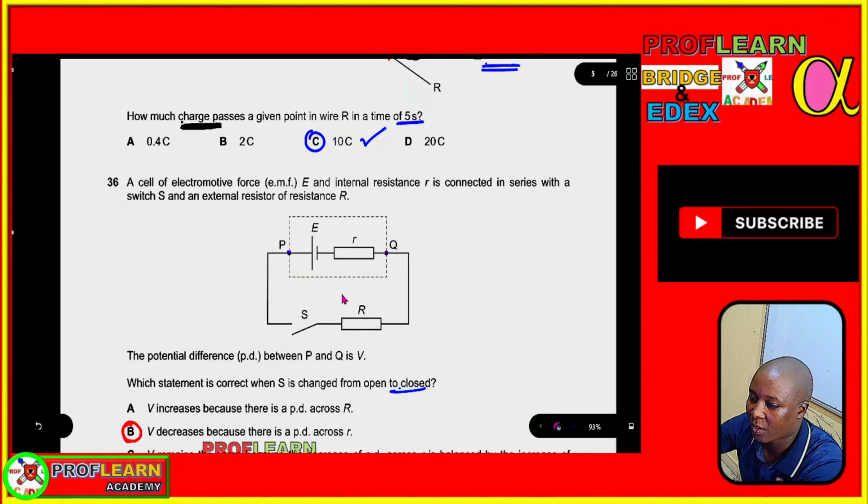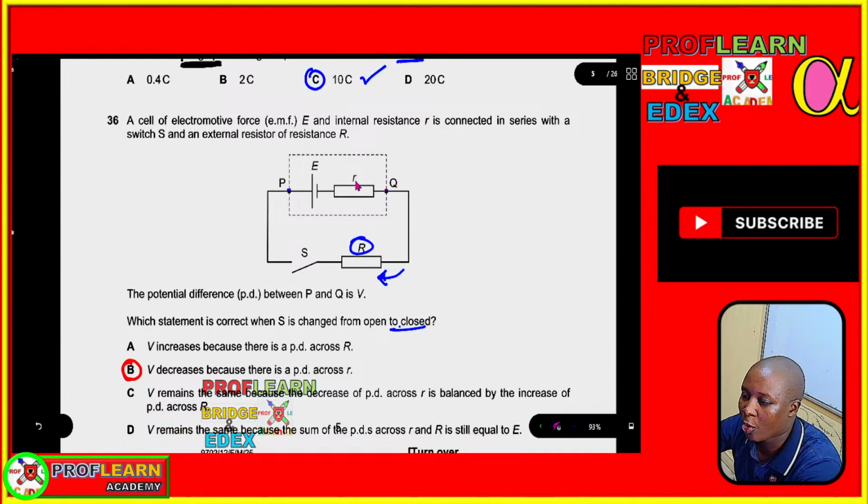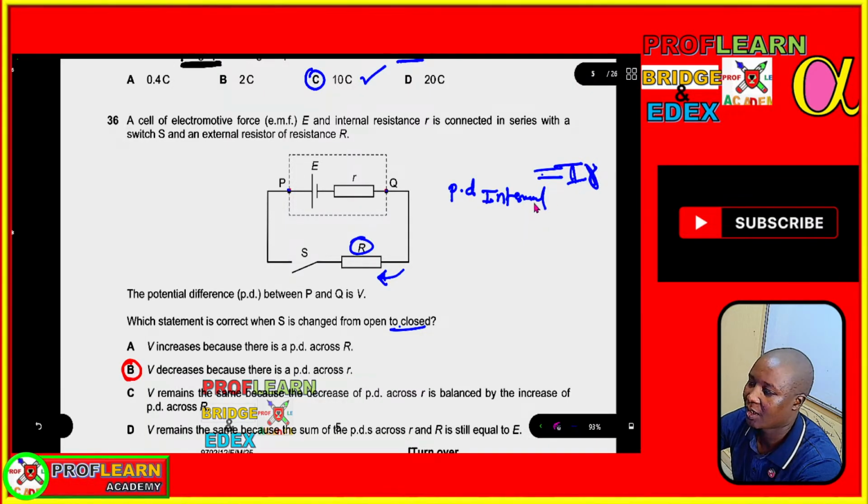If the switch is closed, current will be drawn out because of this external resistor that we have here. But there will be a potential drop across the internal resistor. The PD that drops across the internal resistance is the current drawn out times the internal resistance of that cell.